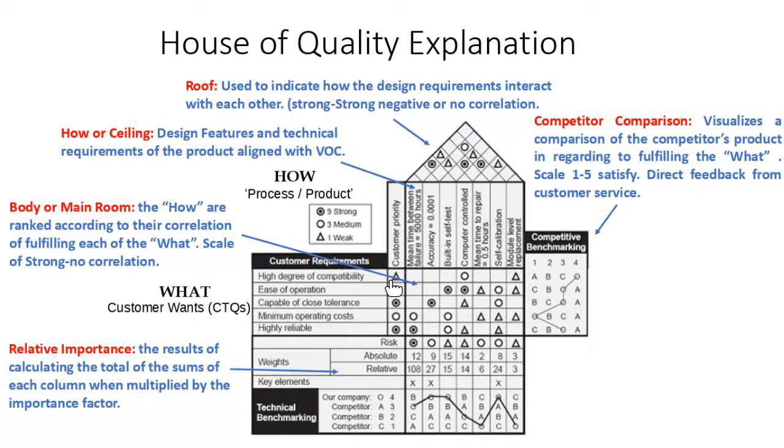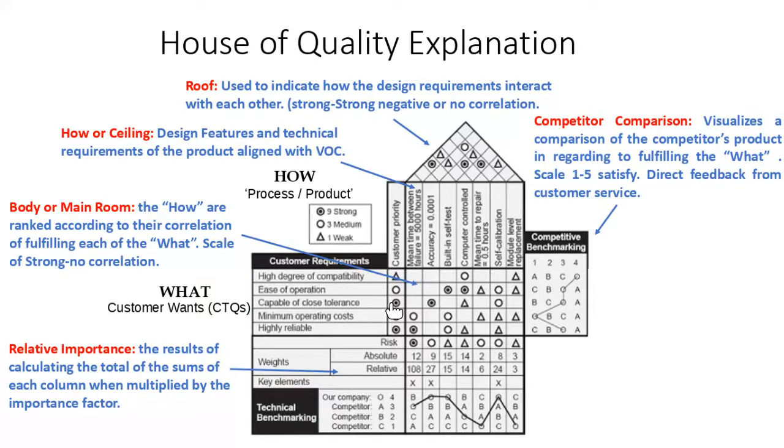So we will work here and explain the side of the customer requirements. The customer requirement here, for example, is a medium operating cost. That is for the customer priority, and it has a medium priority. That means the customer would like to have it, but it is not as important as being capable of closing the tolerance.